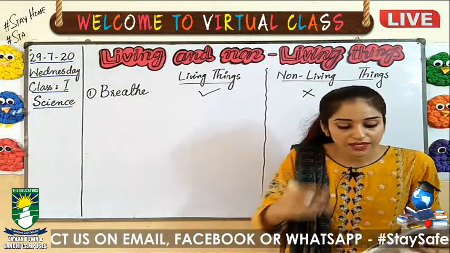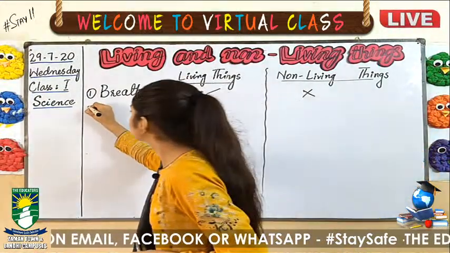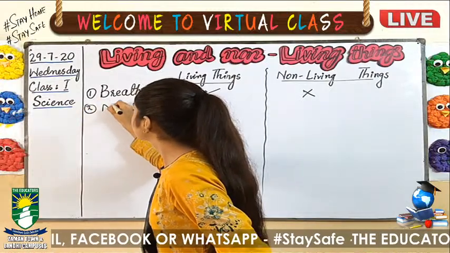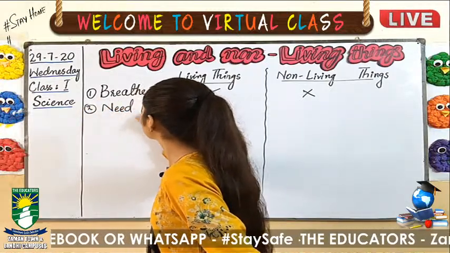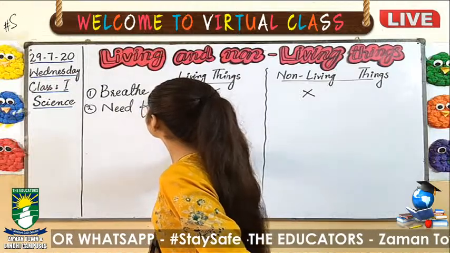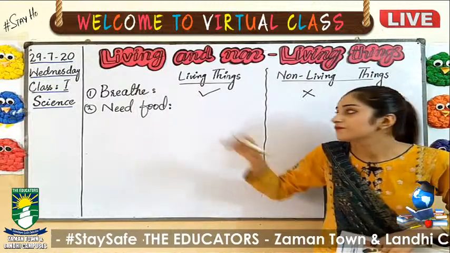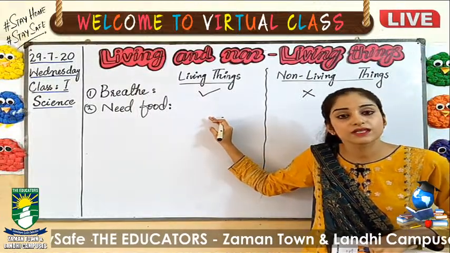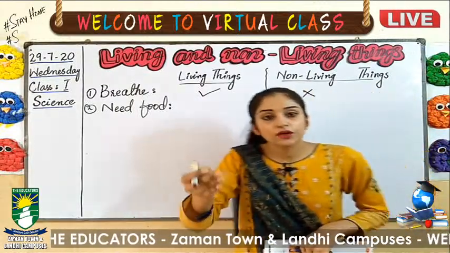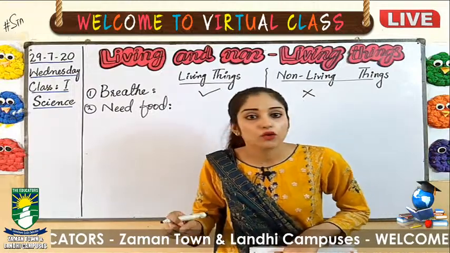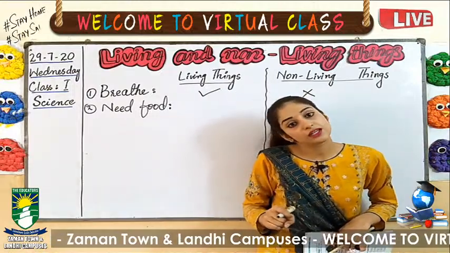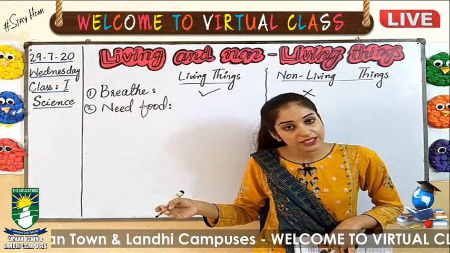Point number 2 is need food. Living things need food to grow and survive. If you don't eat for a day or 2 days, you cannot survive because you are a living thing. Animals also eat food.